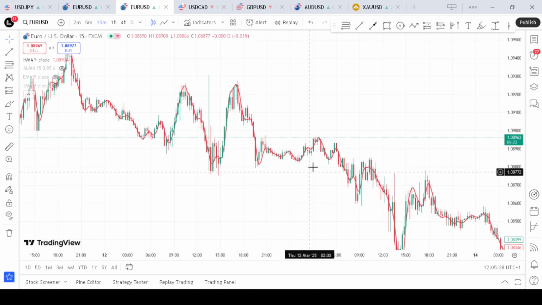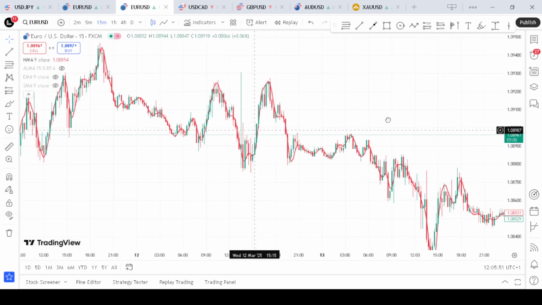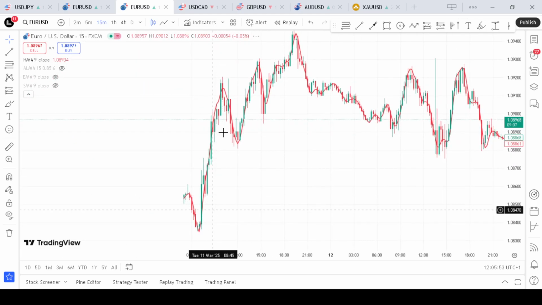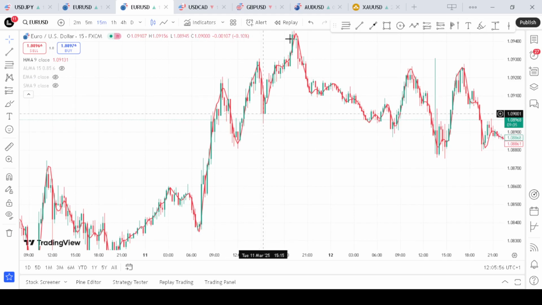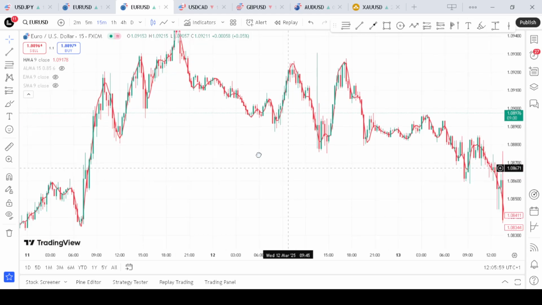As a result, it adapts quickly to changes in market price direction, making it ideal for trend entries and potential exit points. For example, when the HMA line is rising, it signals an uptrend, as we can see. And when it's falling, it signals a downtrend.